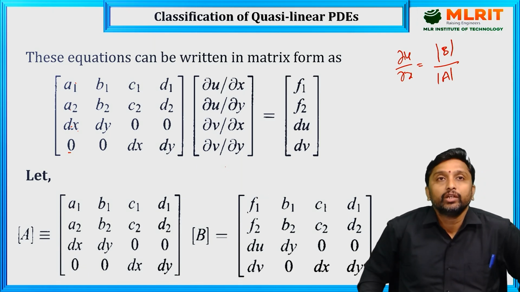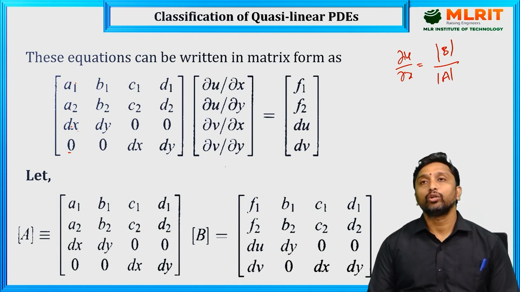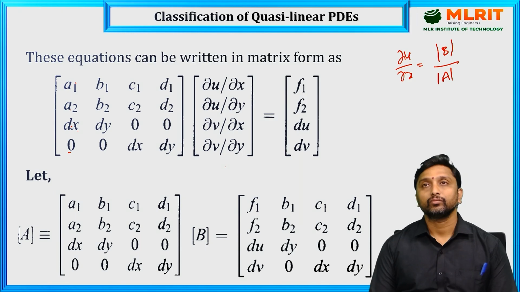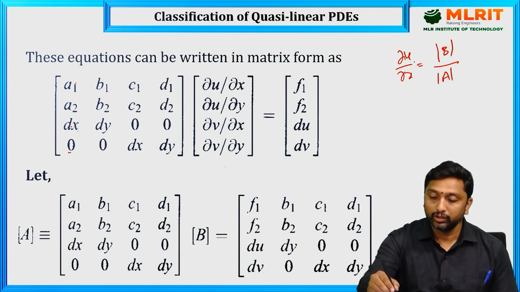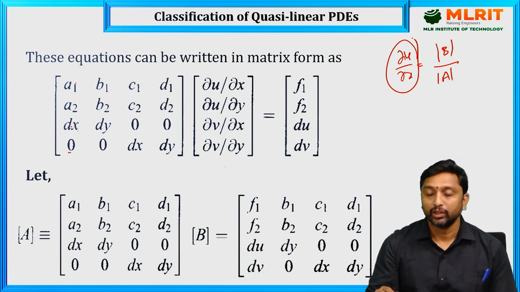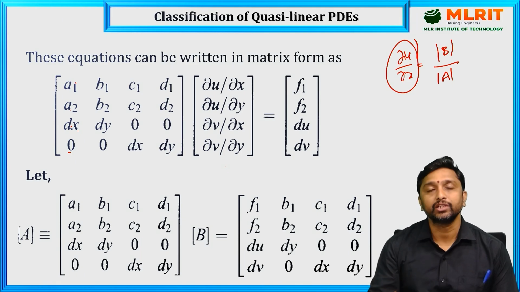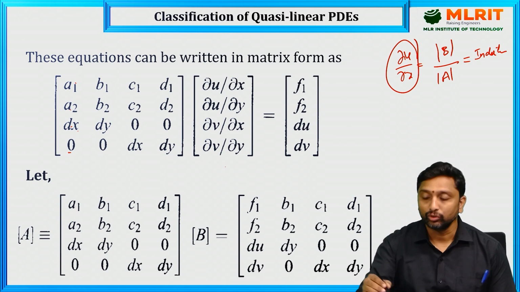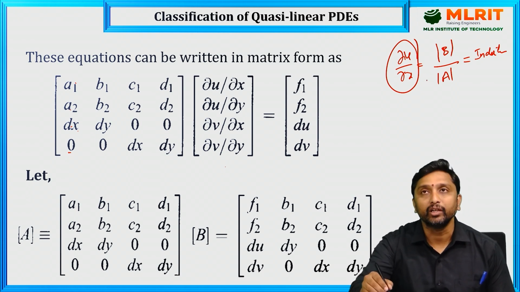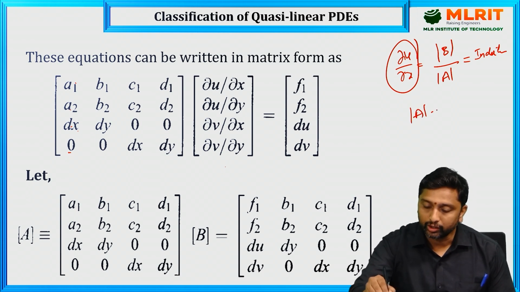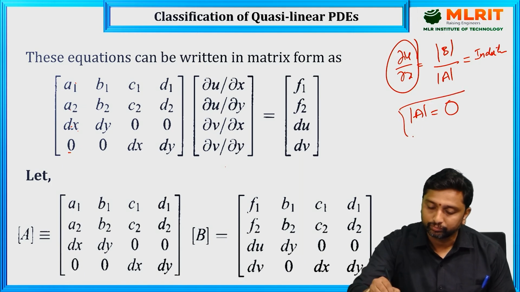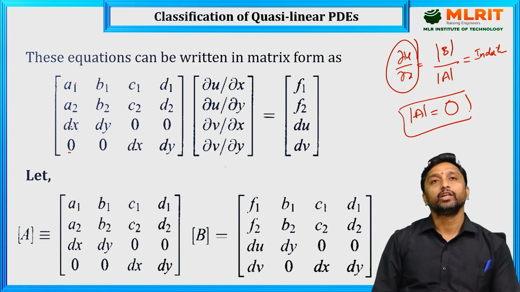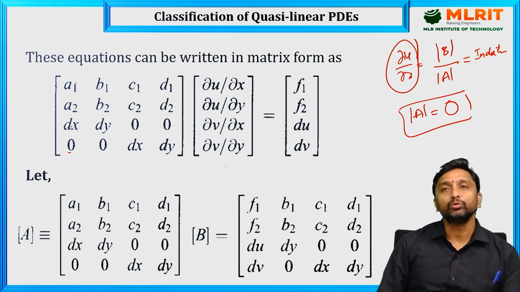Now in order to predict the characteristic curve, this value should be indeterminate. That means for this value to be indeterminate, mod A or determinant of A should be equal to 0.